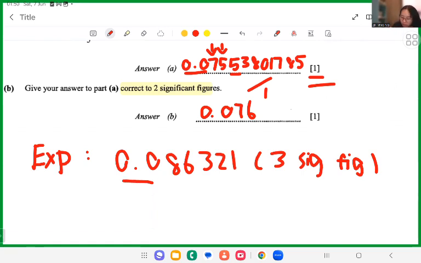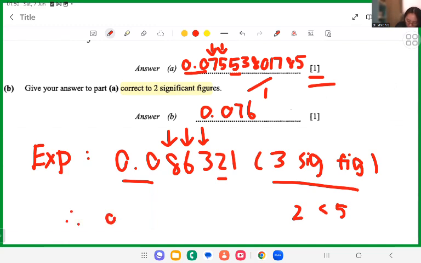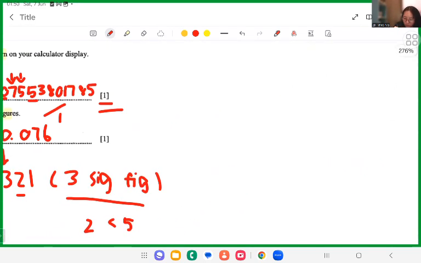And then the first 3 significant figures are 863. And then we look at the next digit. The next digit is 2, which is less than 5. So we do not need to round up the 3. So the final answer is 0.0863.